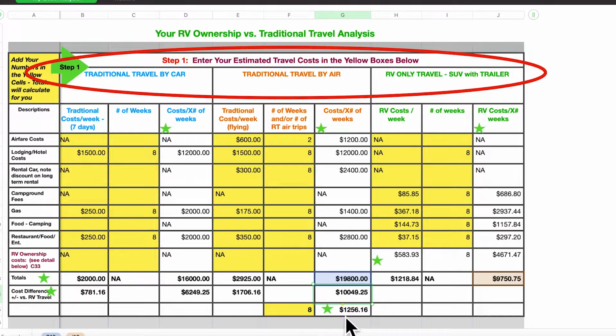Anywhere you see that it's a positive, that's how much more it costs per week to travel with our car or air versus RV. If these numbers were negative, that would reflect that the cost for travel by car or travel by air was less expensive than travel by RV.